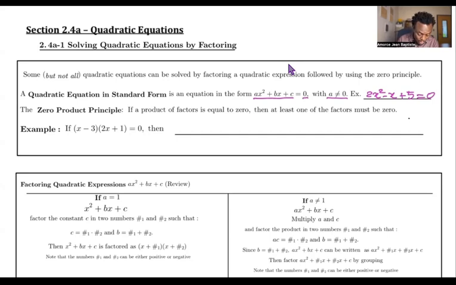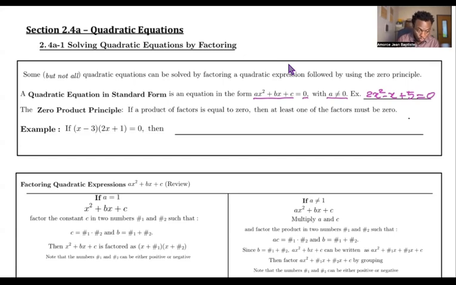So for example, this factor times this one, and you can have more, then you can set the condition to find the solution for each of them in case they would be 0.